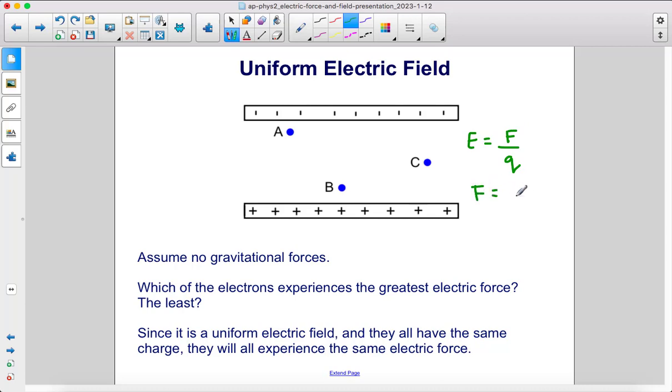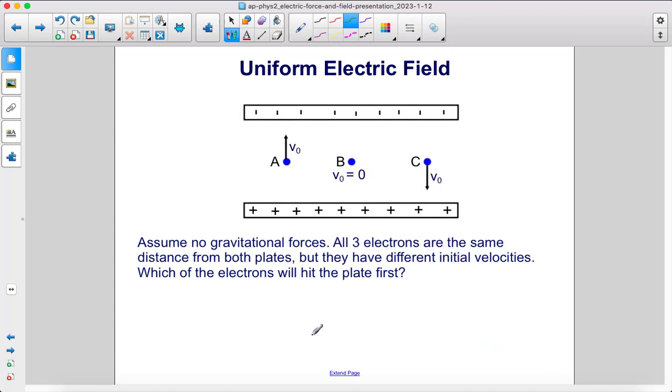Therefore, force equals charge times electric field. All of these are electrons, so they all have the same charge. They're all inside of a uniform electric field. They all have the same field. So the field lines point like this, straight across from positive to negative. But since these are electrons, they're going to want to accelerate the other direction against the field.